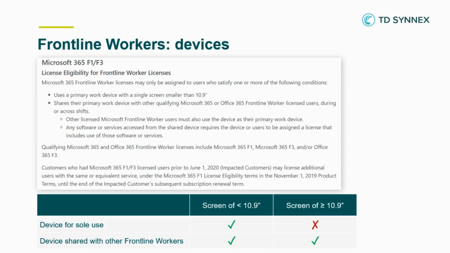And if this is the case, the shared device must be the primary work device of the other Frontline workers who use it, and that any software used on that device must be licensed appropriately. So it is important to ensure that the users you define as frontline workers meet these requirements. Otherwise, they will not be eligible for the Microsoft 365 F1 or F3 licenses.